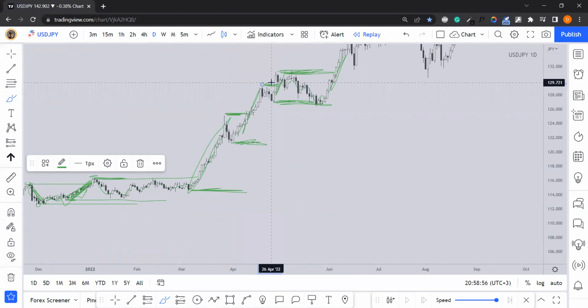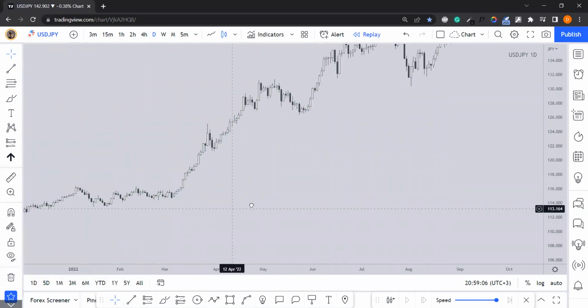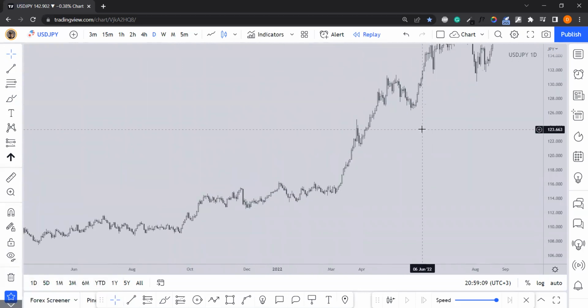Okay, and then the next task for this video. So we have break of structures, inside structure, outside structure.